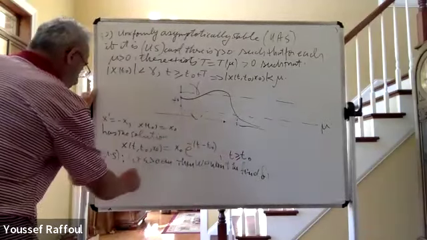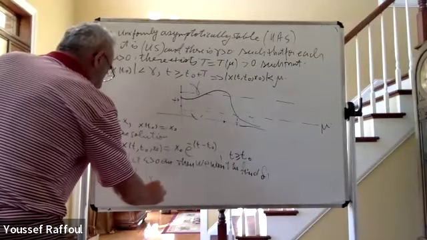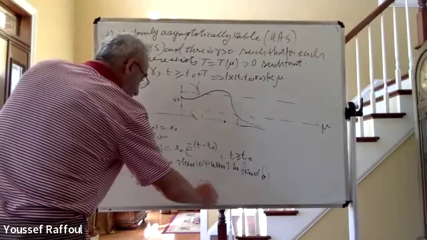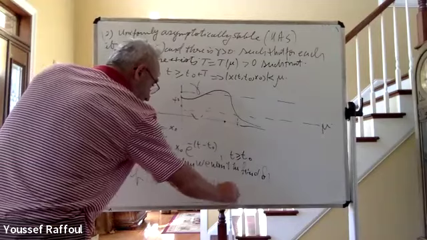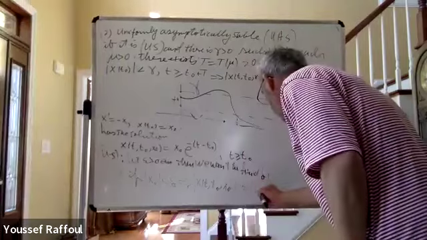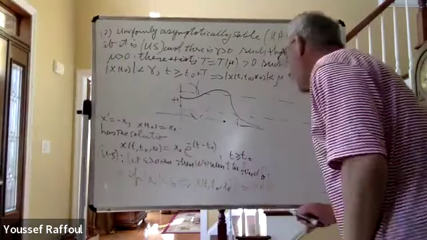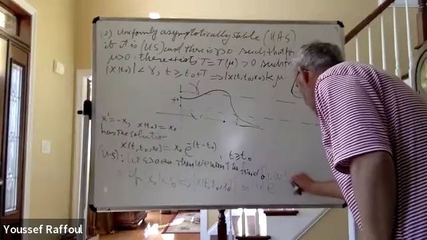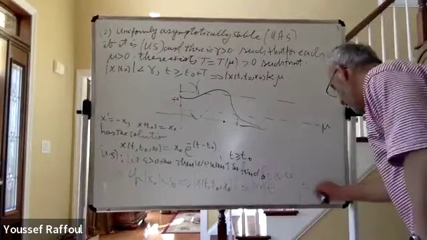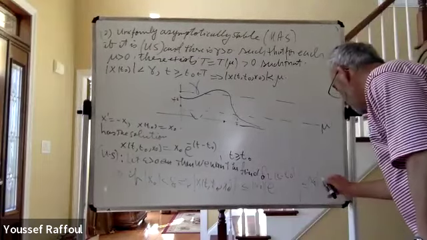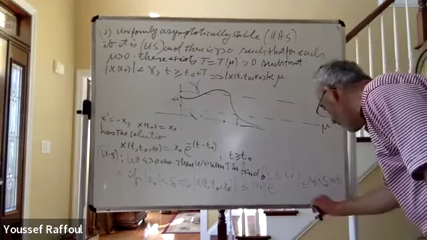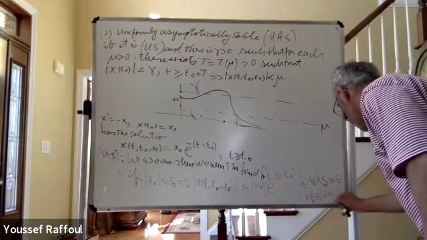So if the norm of x naught is less than delta, we have x(t, t naught, x naught) less or equal to x naught e to the minus (t minus t naught), and that is less or equal to x naught, which is less than delta, and this will be epsilon if delta equals epsilon.